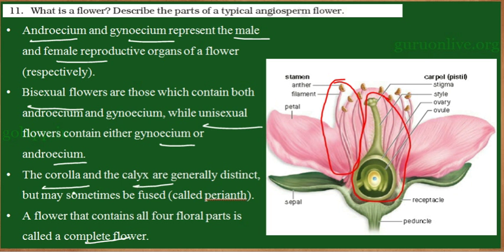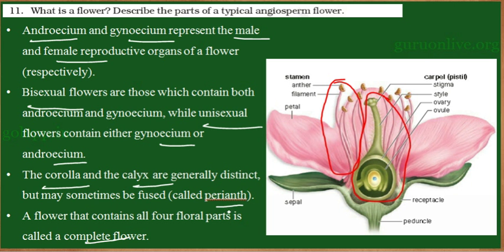In some flowers, they are present together and resemble one another, so we cannot distinguish corolla and calyx. In that condition, when they are fused together, we call them perianth.